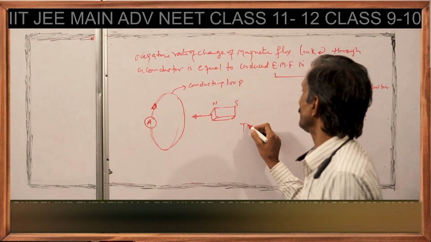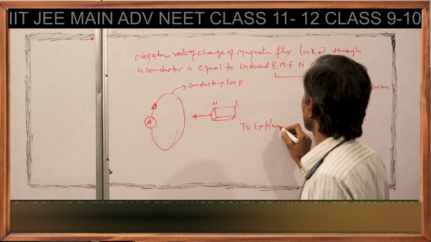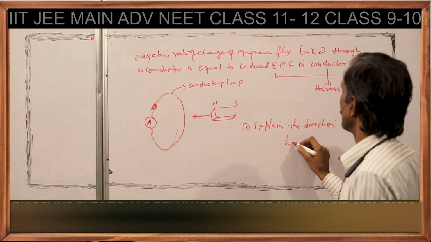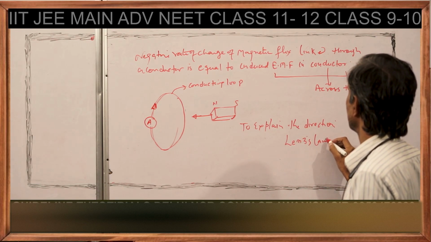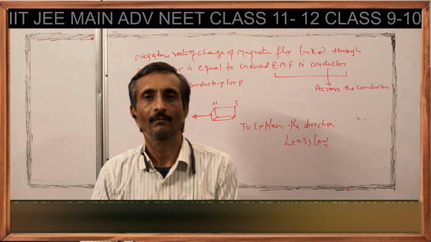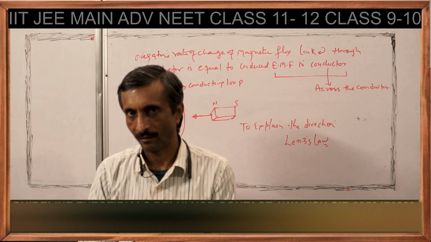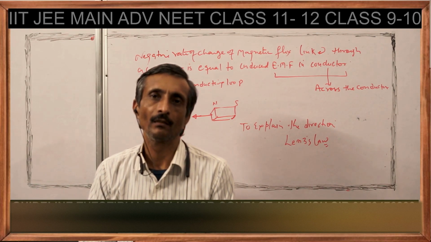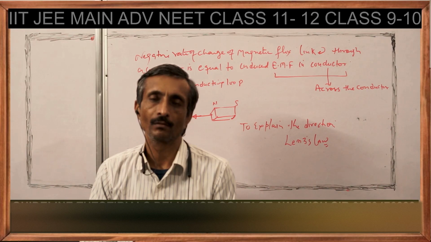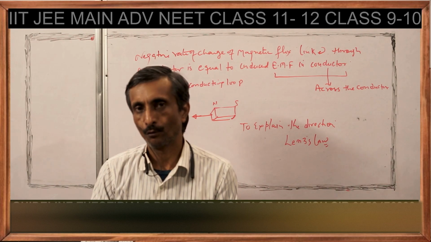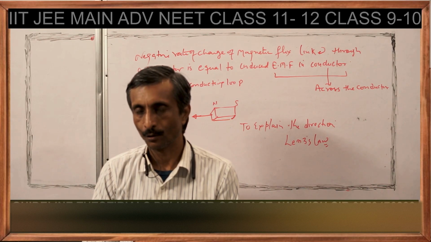To explain the direction, we use Lenz's law. Because magnetic flux passes through any conductor, a closed loop or any conductor, the conducting electrons inside the conductor experience the Lorentz force and move in a particular direction according to the force.